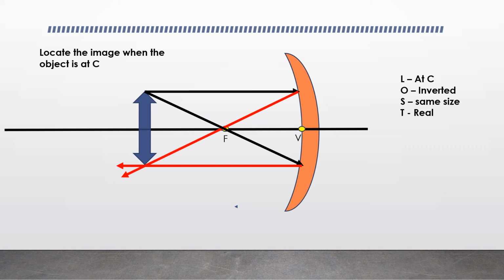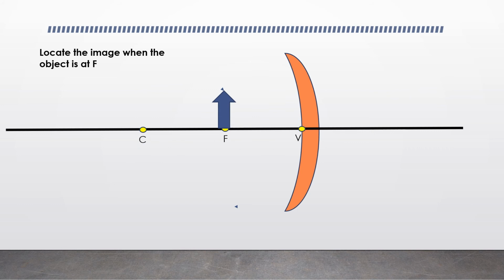Next, what if the object is located at F? Meaning the object is located at F, at the focus. Okay, how will you draw the diagram? Again, apply the P to F and F to P. Then it reflects, passing at the focus.